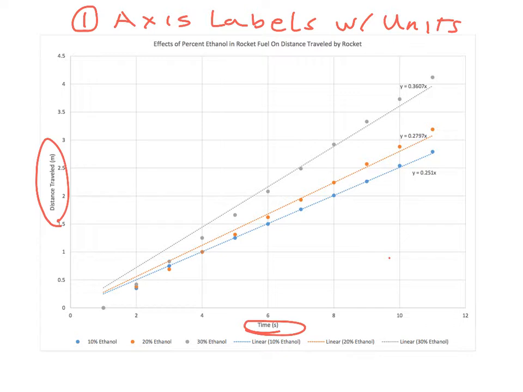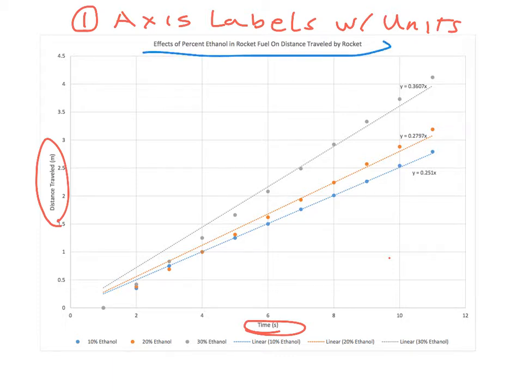After all, telling me that you have distance traveled over here doesn't really tell me much. Is it kilometers, centimeters, picoseconds, picometers, light years? So it's important that you tell me it's meters. Same for time, right? Is it seconds, minutes, hours, days, years? So you have to have axis labels with units.